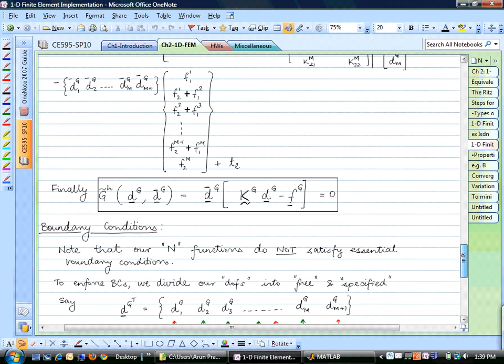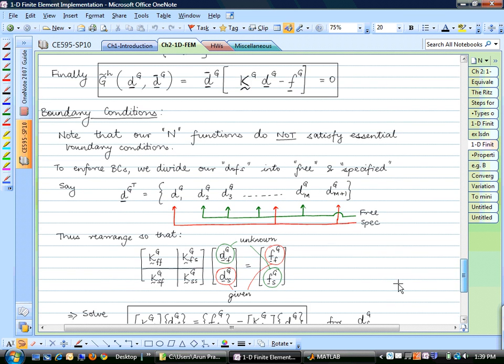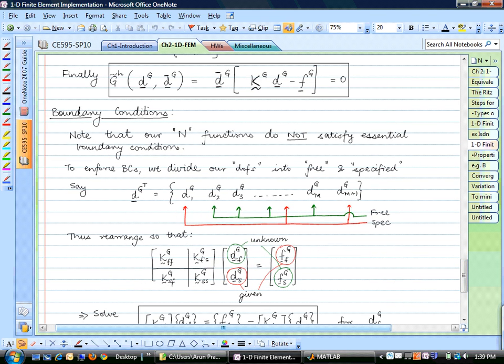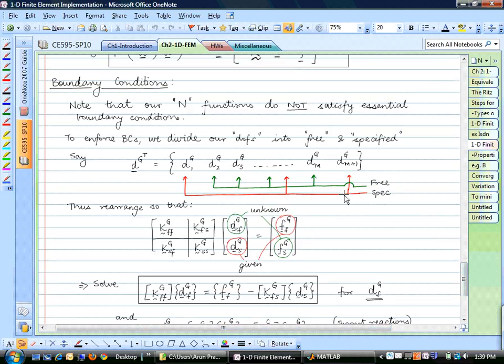Okay. And then we also saw how to actually enforce the boundary conditions, because in this case we chose functions to be nice within an element, and they need not satisfy boundary conditions. So did anybody try to figure out in MATLAB how you can enforce these boundary conditions? It's a one-line statement. And just to give you a hint, it's called array indexing.